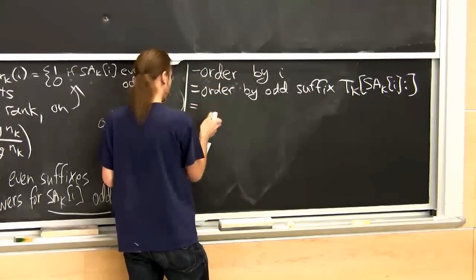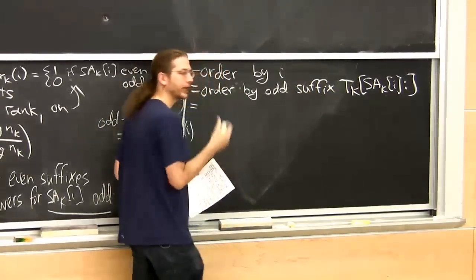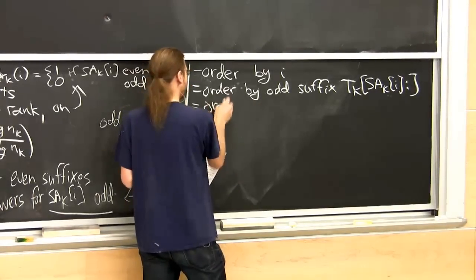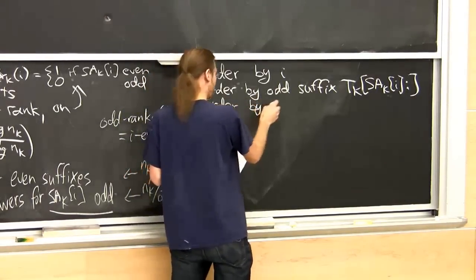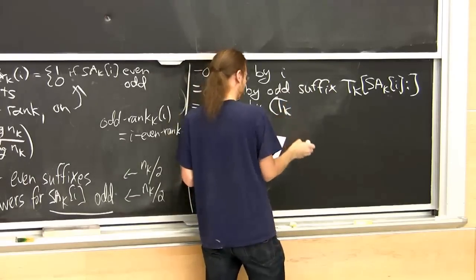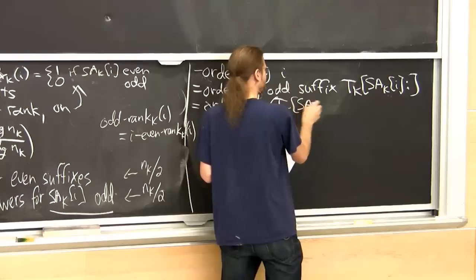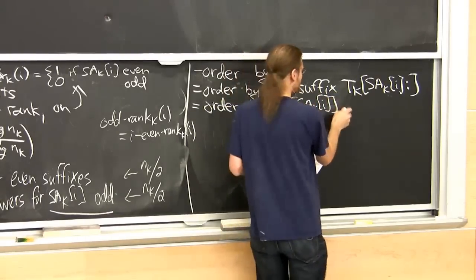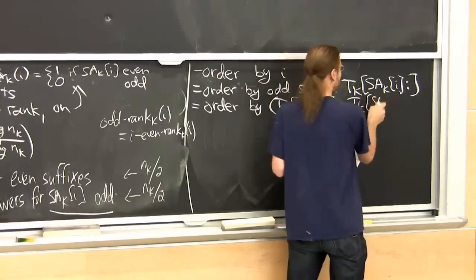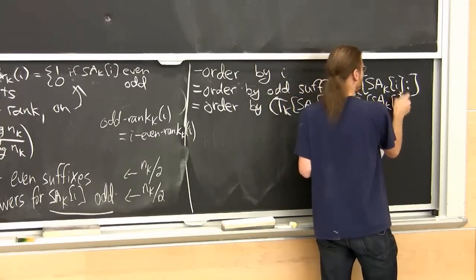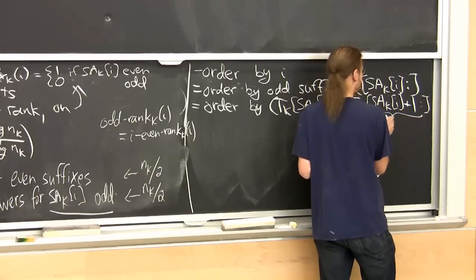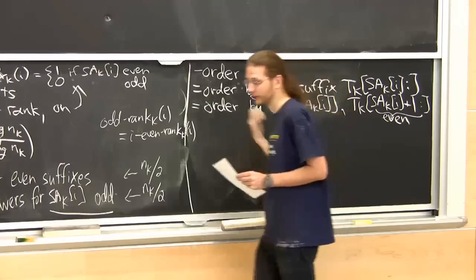Now, we can unpack an odd suffix. It has the first character and then an even suffix. This should look familiar because we did the same kinds of tricks when we were building suffix trees. And this is even. In fact, it's the even successor.